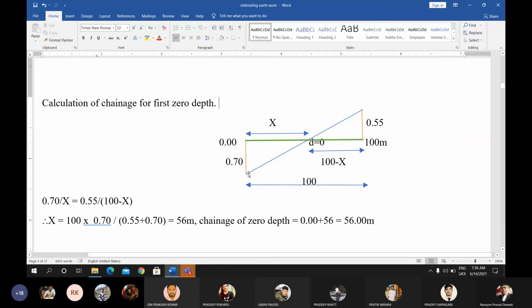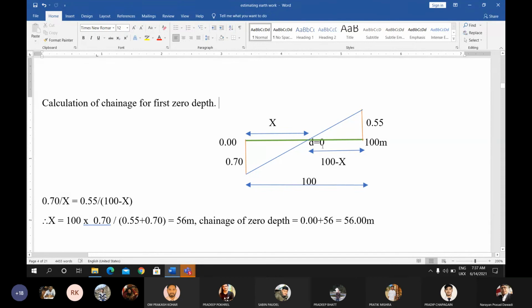Now join the ends of these two vertical lines by this blue line. You will get two triangles. Now, the intersection point of the chainage line and the line joining the ends of the vertical lines is over here.